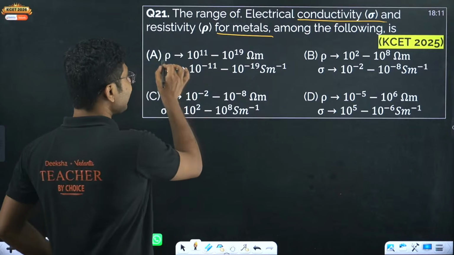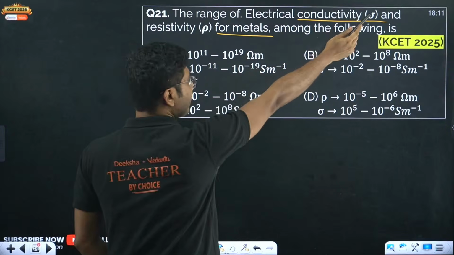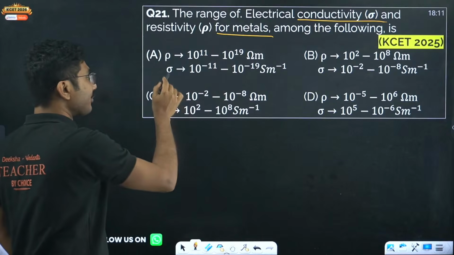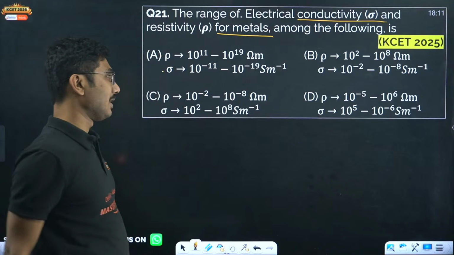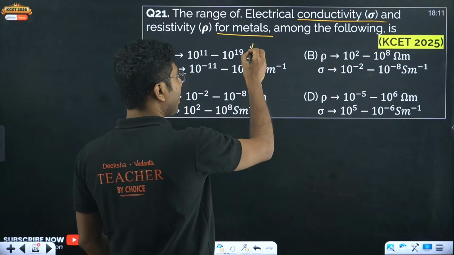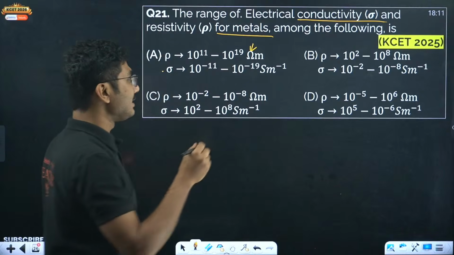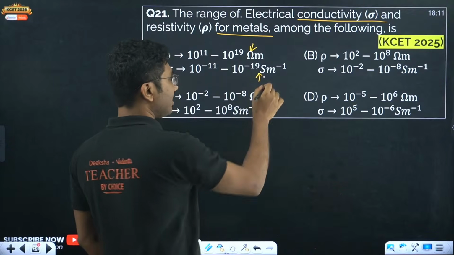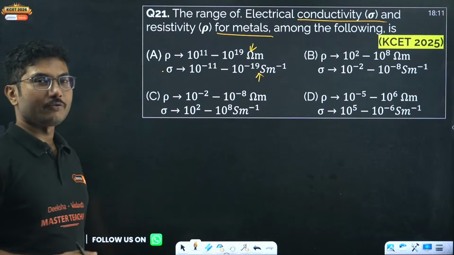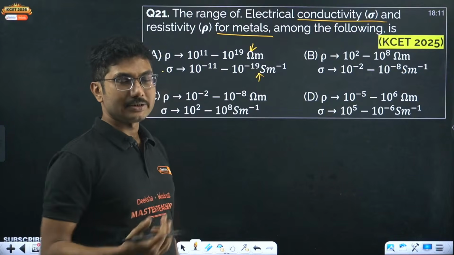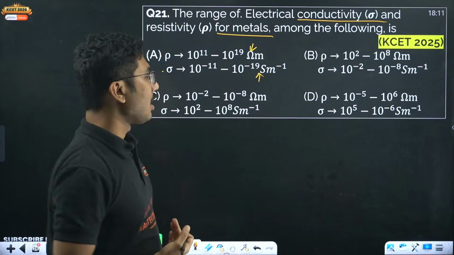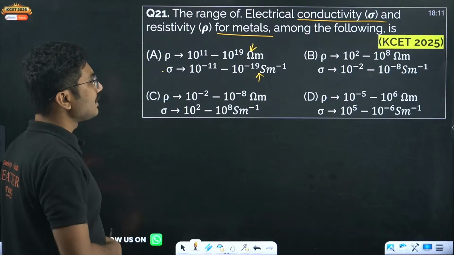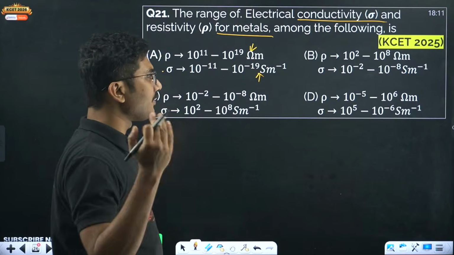Do not get confused, even though they have given sigma and rho in the question, in the options the rho and sigma order is given. Ohm is the unit of resistivity, and Siemens, the opposite of ohm, is the unit of conductivity. High conductivity means the power of 10 will be very high.